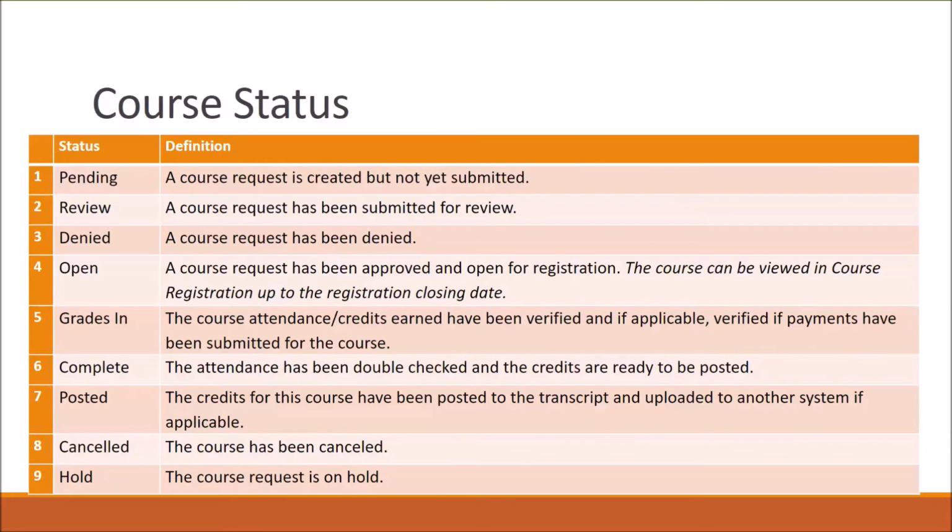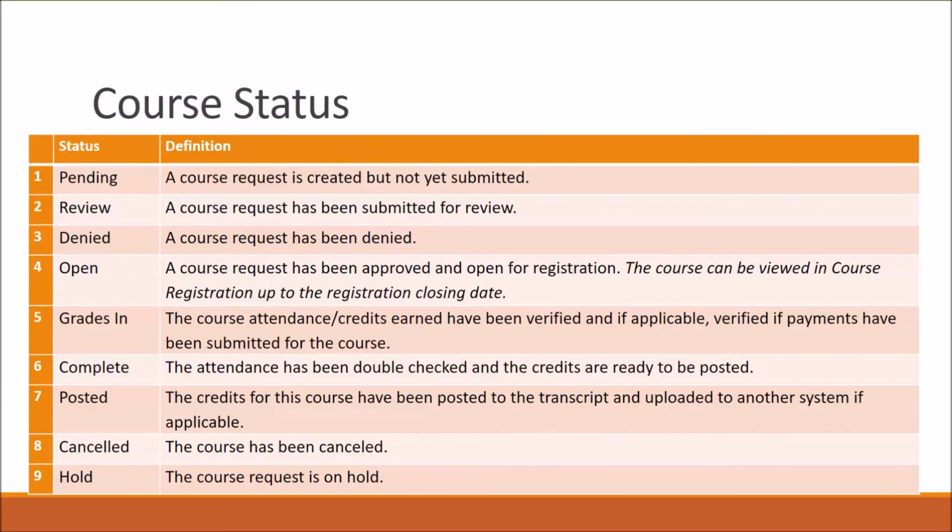You have the option as a PD manager to deny it, place it on hold, or open it. Then once the course has occurred and the instructor has gone in and verified the status and marked grading complete, the status then automatically changes to grades in.